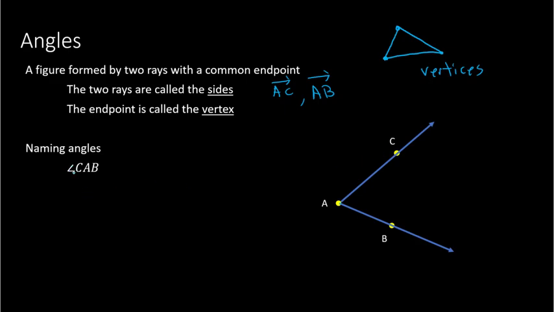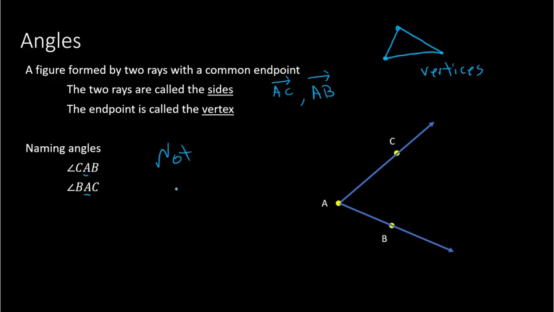We write a little angle symbol next to it. We have a point from this side, point C. We have the vertex, this common endpoint here in the middle, point A, and then B is the point on the other side. Now you can write this as angle CAB, or angle BAC would also work, as long as the endpoint is here in the center.